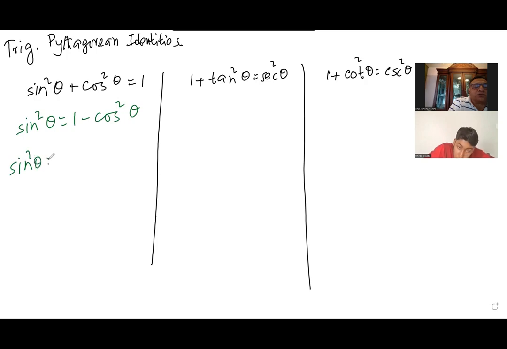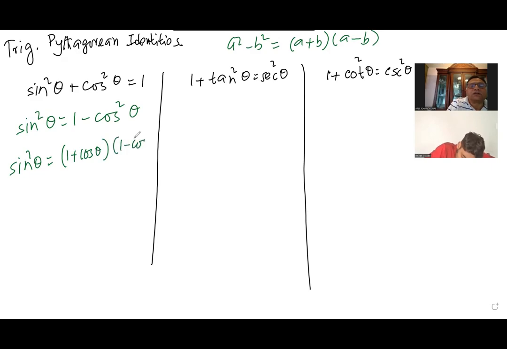This is a difference of squares. You remember a squared minus b squared is a plus b times a minus b, right? Yes, sir. Therefore, sine squared theta can be written as 1 plus cos theta times 1 minus cos theta.